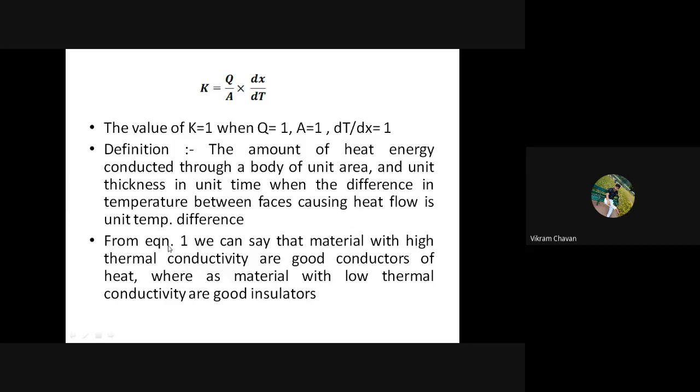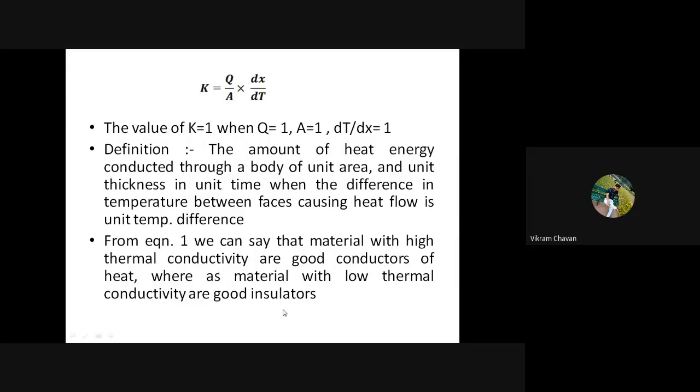From equation 1, we can say that materials with high thermal conductivity are good conductors of heat, whereas materials with low thermal conductivity are good insulators.